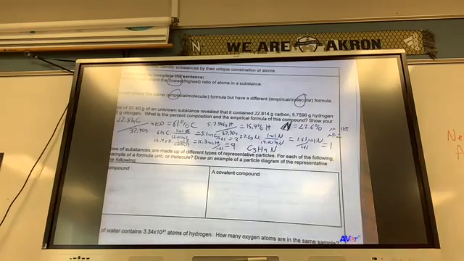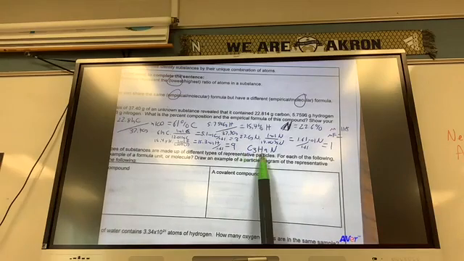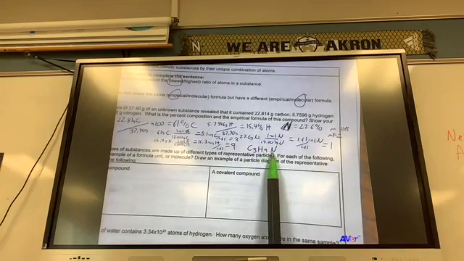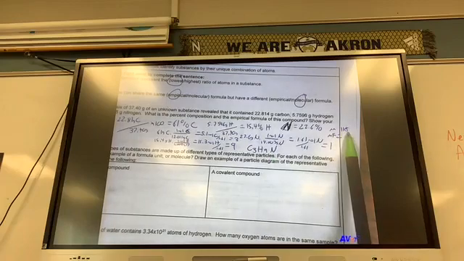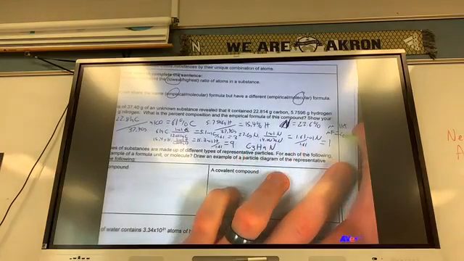So what's 3 times 12? 36, plus 9 times 1 is 45, plus 14 is 59. And 59 times what will give me 118? 2. So my molecular formula is all of these times 2. So it'd be C6H18N2.